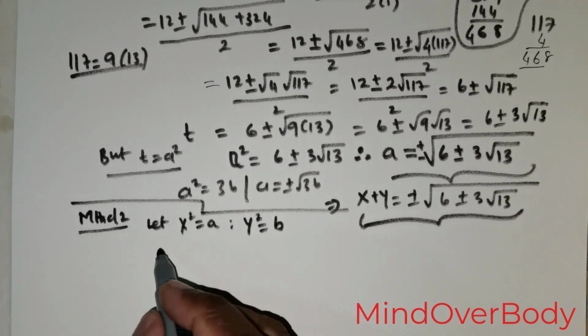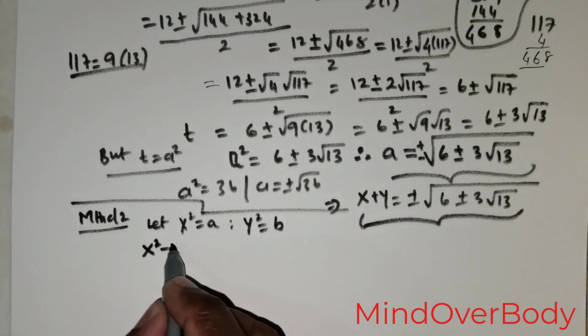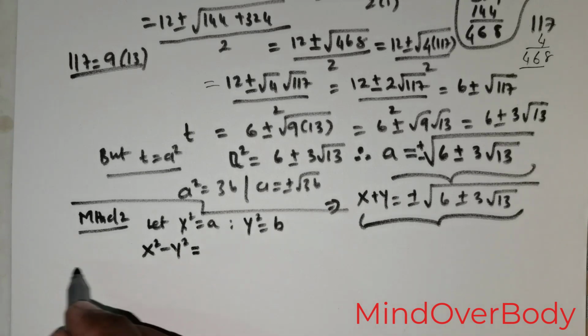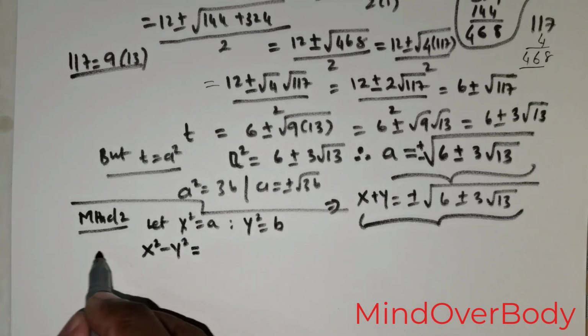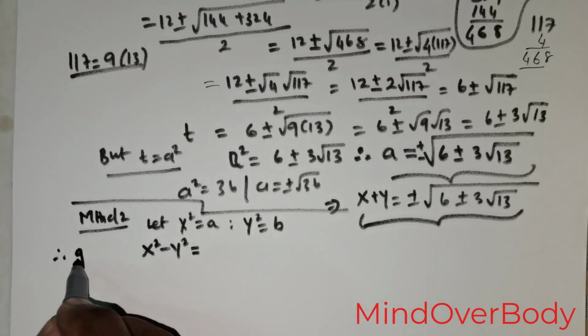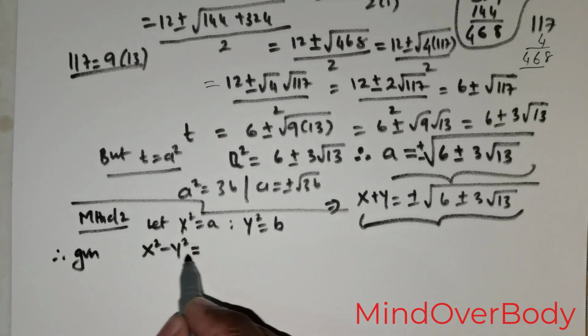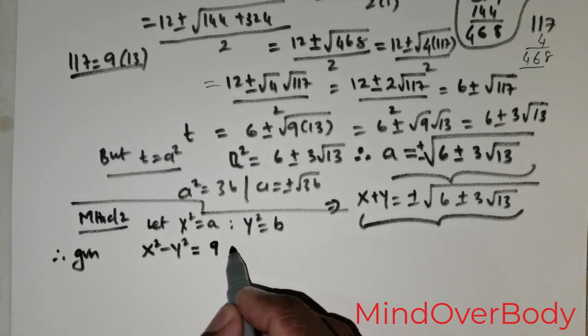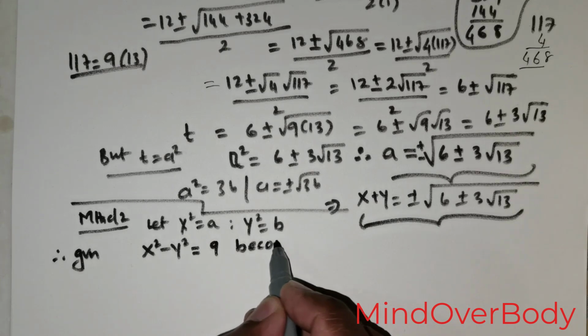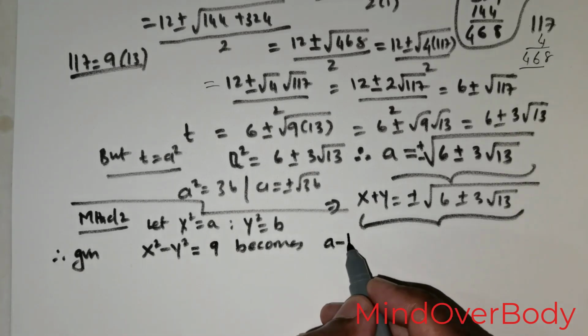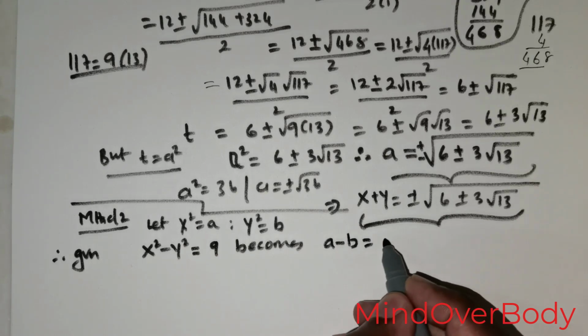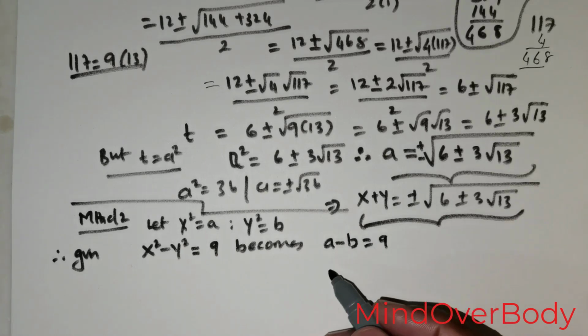Now this would mean x squared minus y squared, which is already given, right? x squared minus y squared is equal to 9, this is given in the question. So this is going to be a minus b is equal to 9. So this is what we have got.